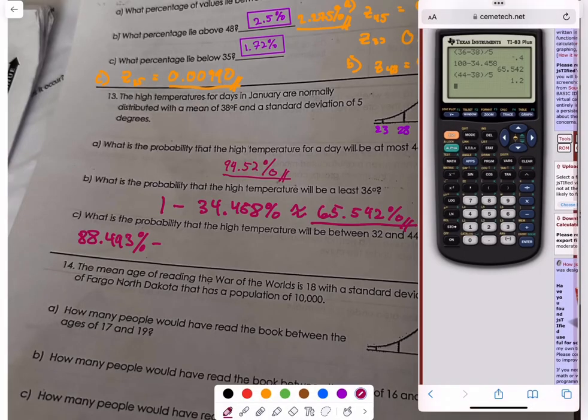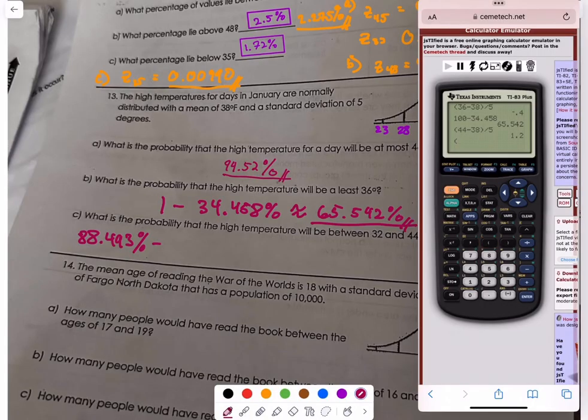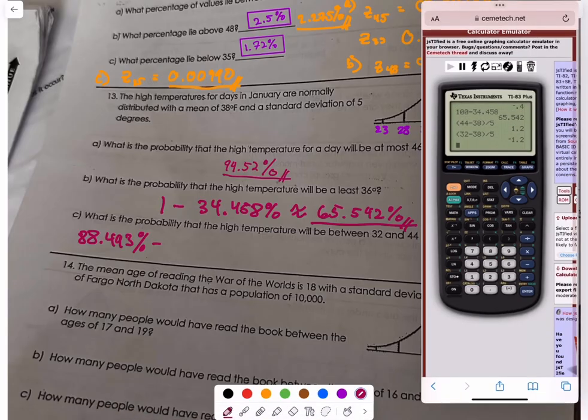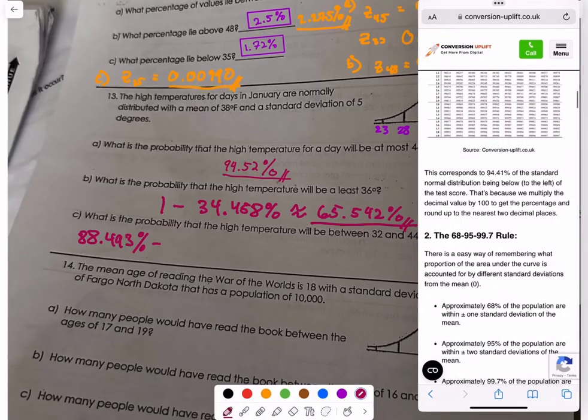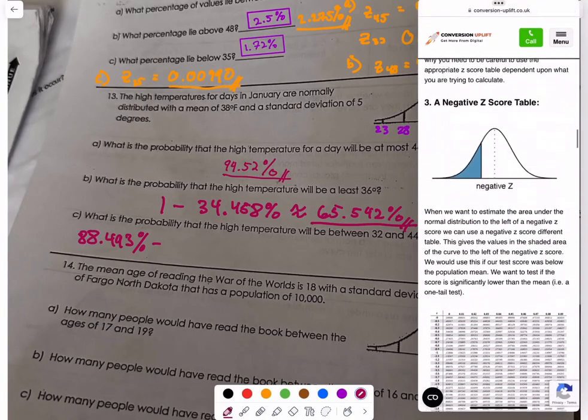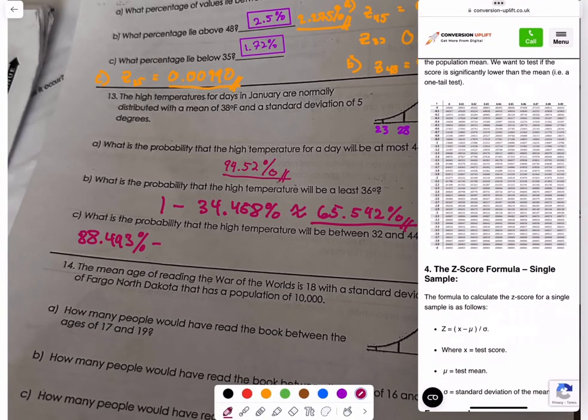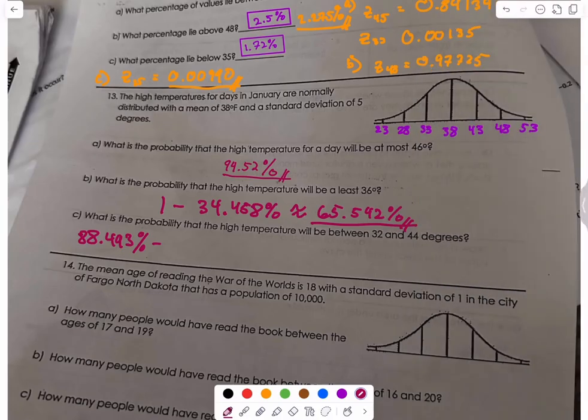So then the other data point is the 32. So we're going to say find the corresponding z-score. 32 minus 38 divided by 5 has a z-score of a negative 1.2. So then if we go to our negative z-score chart, which is here, negative 1.2, 11.507%.